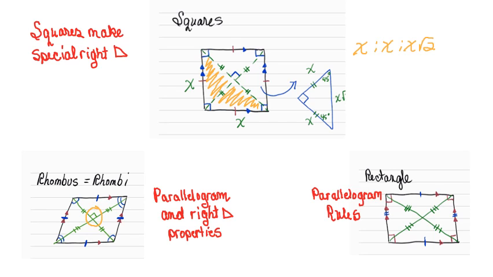A rectangle follows bisectors on the diagonals, 90-degree angles. So there are some right triangles inside here when you cut a rectangle in half.